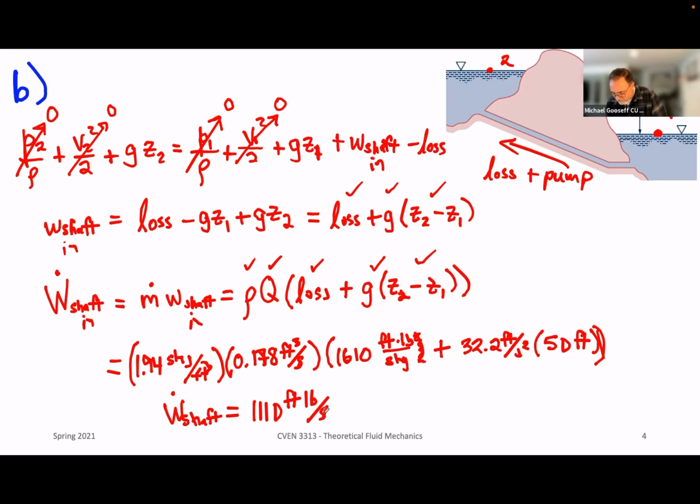And if we were to convert to horsepower, that would end up being 2.02 horsepower.